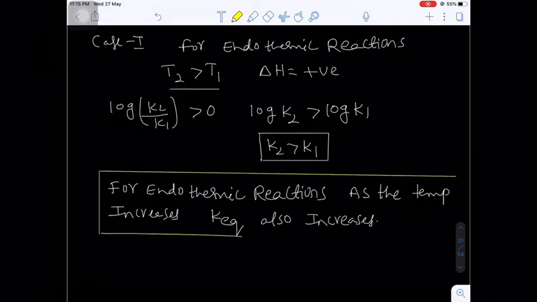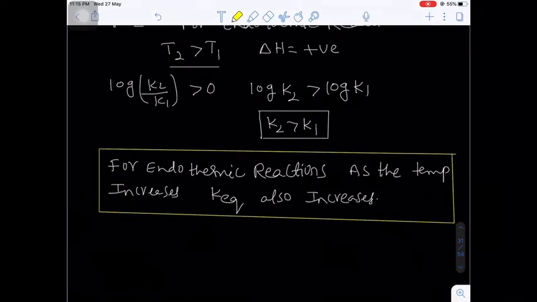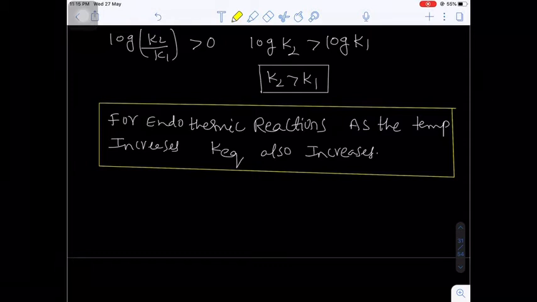This is a very important statement. In endothermic reactions, as the temperature increases, the equilibrium constant also increases.